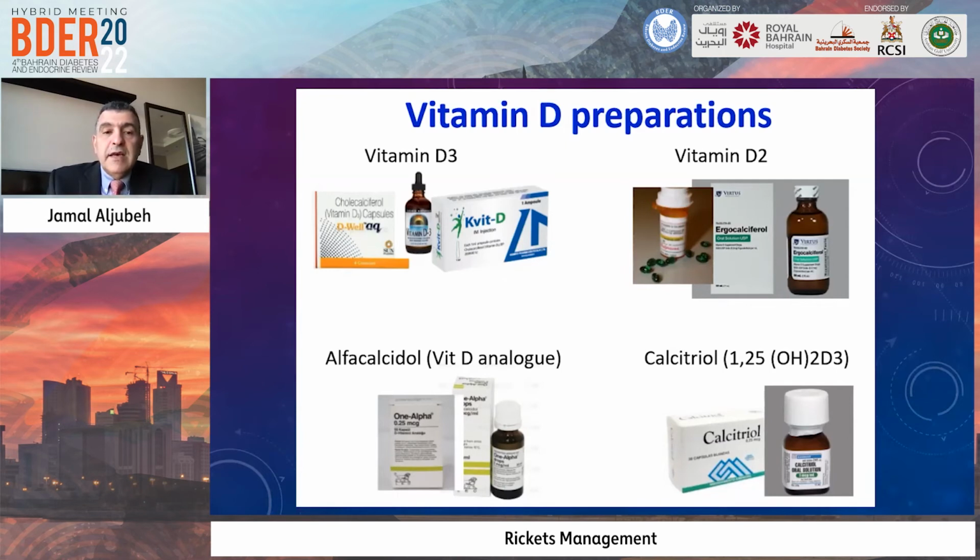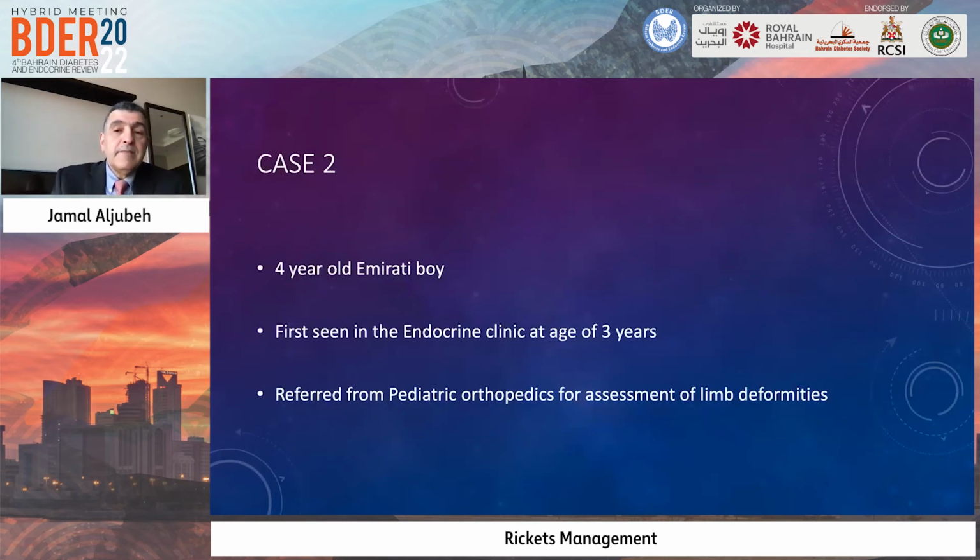Calcitriol and alfacalcidol are active forms of vitamin D. They should not be used for treatment of vitamin D deficiency, but they should be used for patients with vitamin D-dependent rickets, as well as patients with hypoparathyroidism and pseudohypoparathyroidism, and some of the renal patients as well.